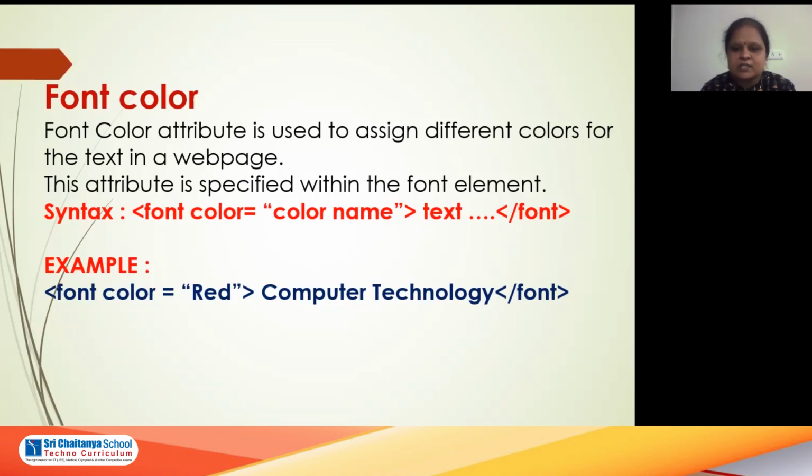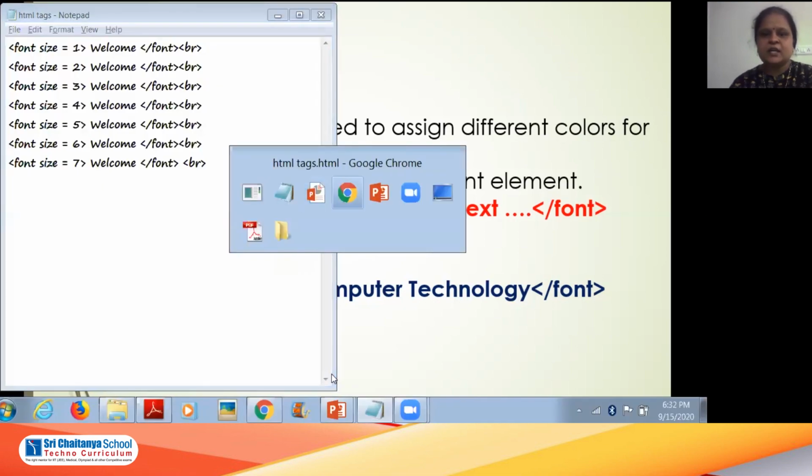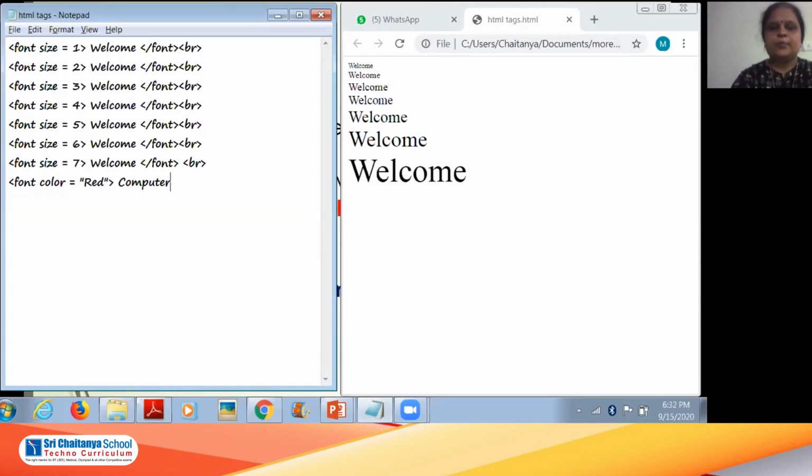Now you can see in the example I have shown, I have written computer technology with font color red. This we shall also try using the web page. I will go to the next line. Here I will write font color is equal to, within double quotes I will write red, and then come out of it and write computer technology.